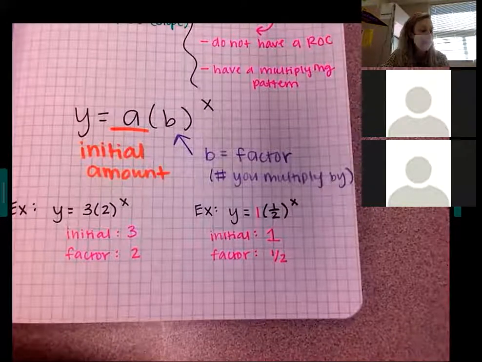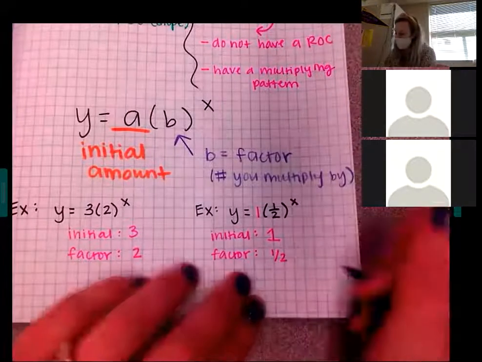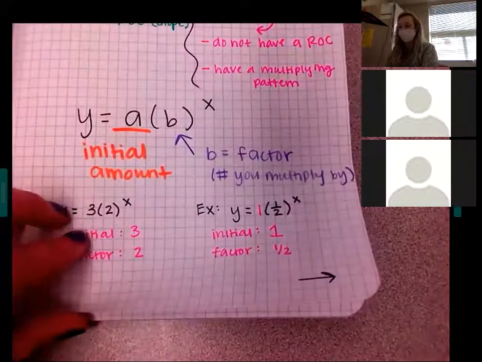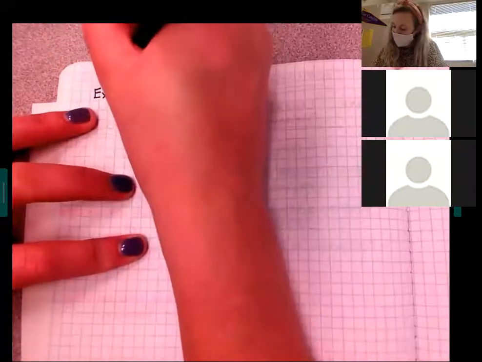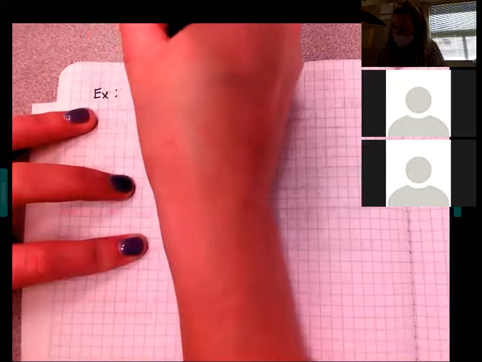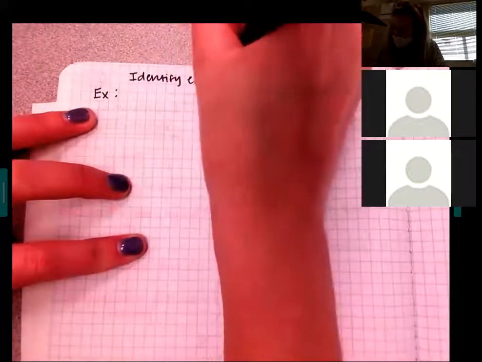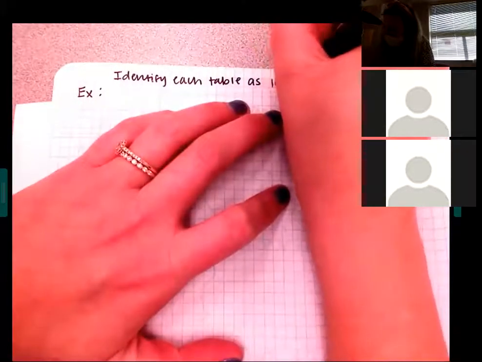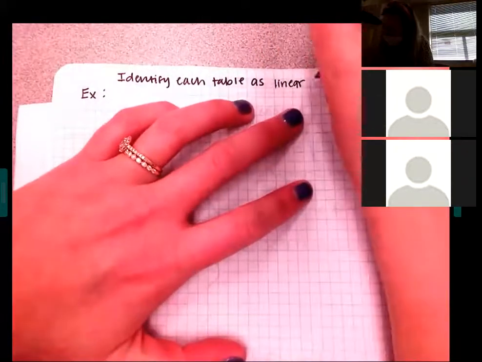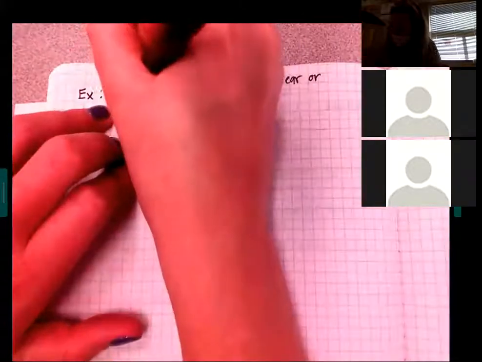Is everybody okay with that one? Okay, so I'm gonna step it up. Curtis, this is your favorite part. So we're gonna flip. Y'all might write smaller than me. So for these next examples, what I want you to do is identify each table as linear or exponential.